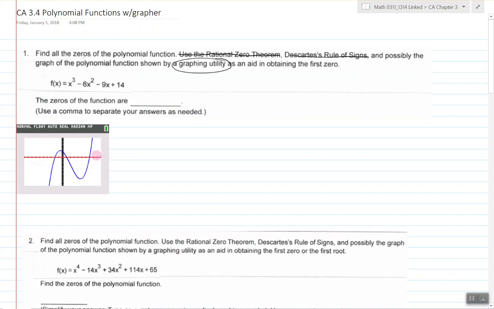So I can do second calc intersect, but I see a 0 at -2. I see a 0 at +1, and I see a 0 at 7.